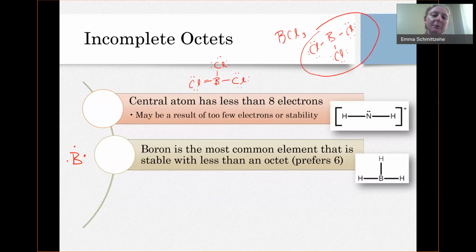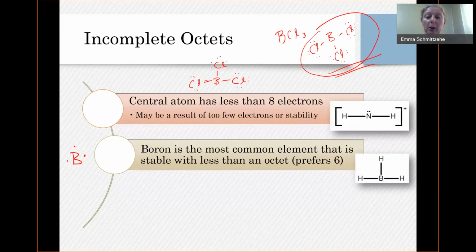But that isn't very favorable because boron is a really tiny atom, and it's not very favorable for it to have 8 valence electrons crammed around it. So the true structure of BCl3, just like BH3, has the 3 bonds to chlorine.